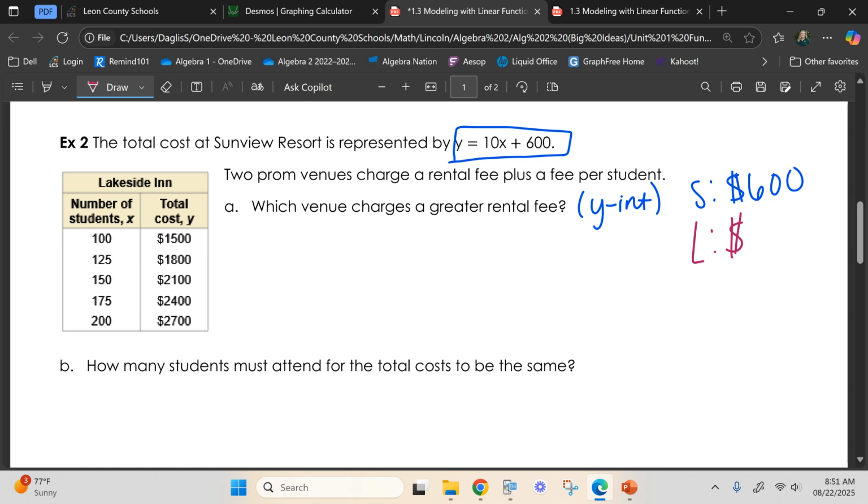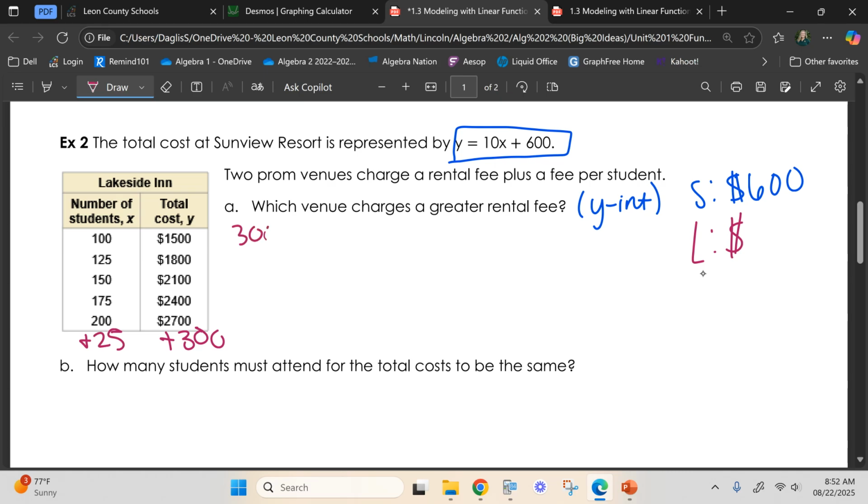So I have a whole bunch of points. Could I find a slope using those points? Yes, I can. Change in y divided by change in x. How is the cost changing each time we increase? We are adding 300 each time we add how many students? Each time we add 25 students.